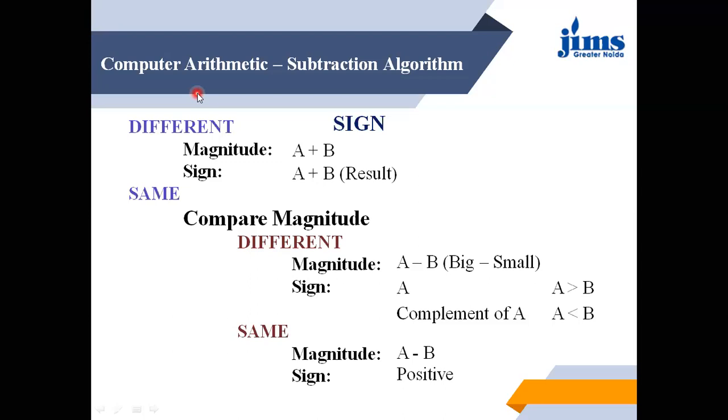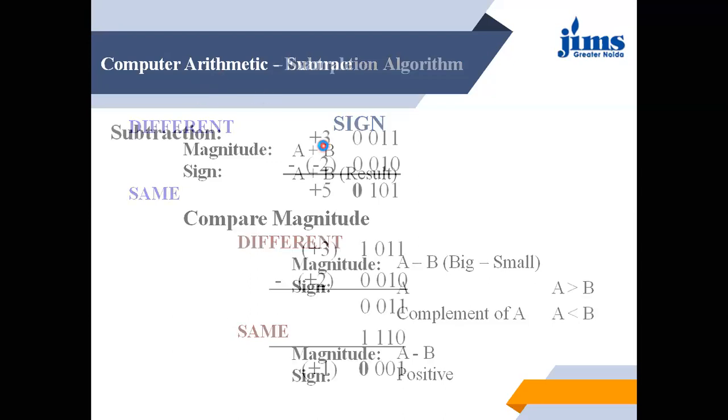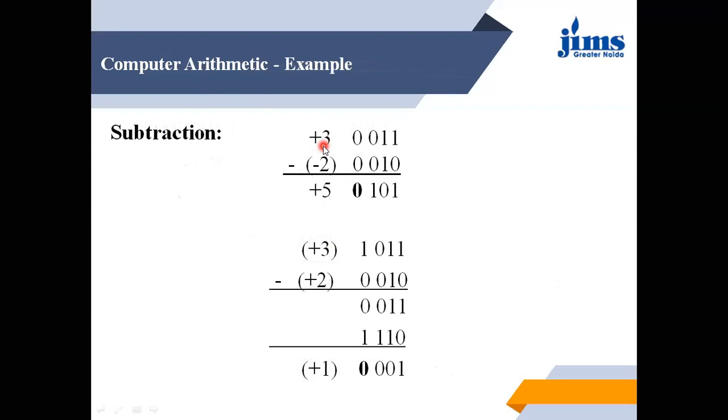So now we will try to solve a question based on this to verify that this is working properly or not. This is an example for subtraction. Suppose I have two numbers A and B, where A is +3 and B is -2, and we have to subtract this.